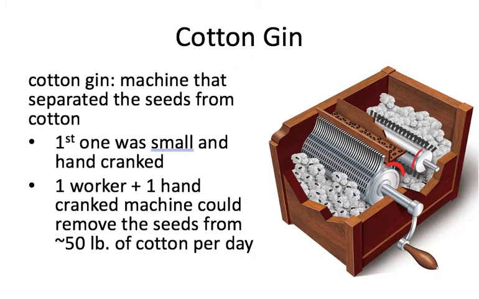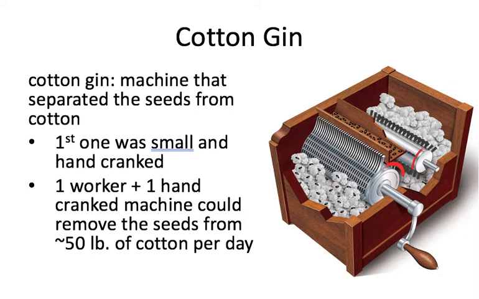So obviously, if it reduces the amount of people needed by such a large extent, it made it so it needed 98% less people working on it. It meant that it became a lot more profitable to plant and to produce cotton.